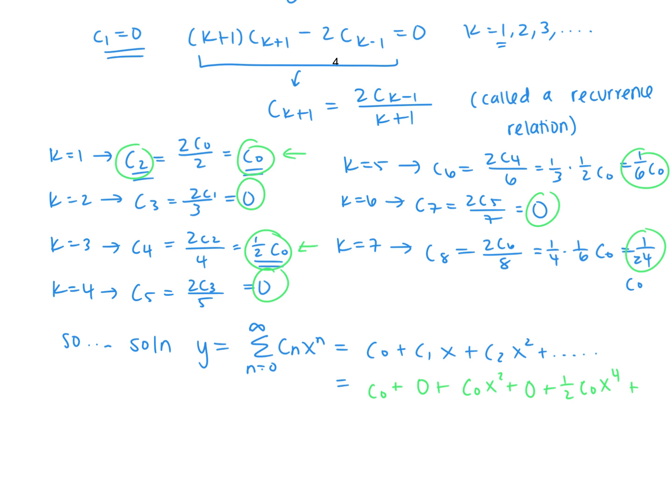And then we have 1/6 c0 x to the 6th, and then we have 1 over 24 c0 x to the 8th, so on and so forth. And at this point, I'm going to give us a new page.